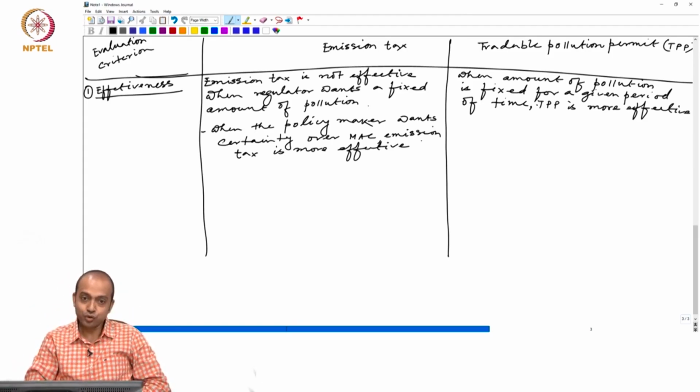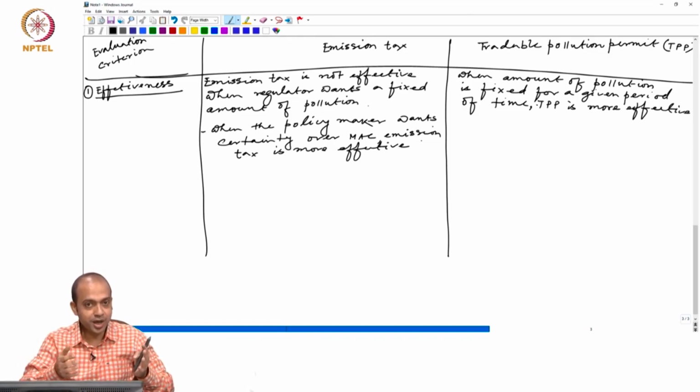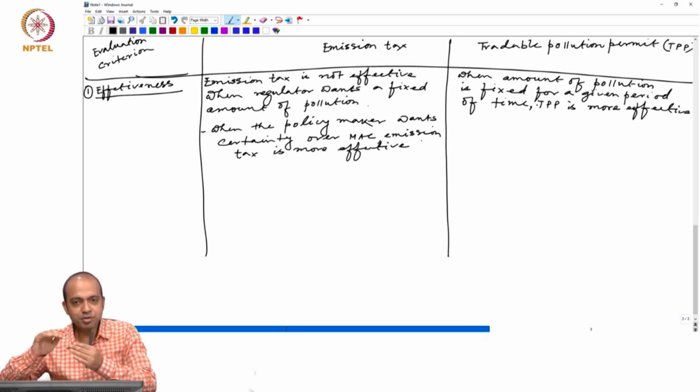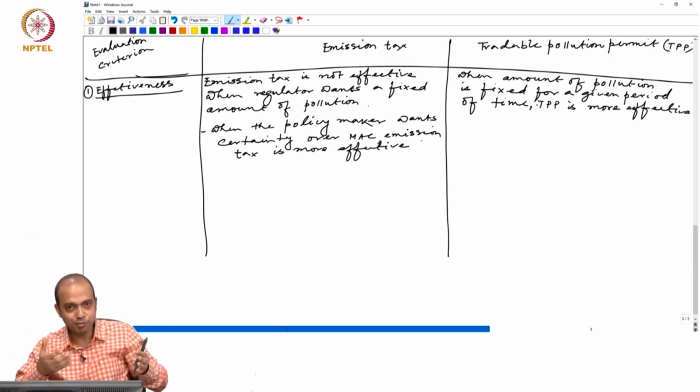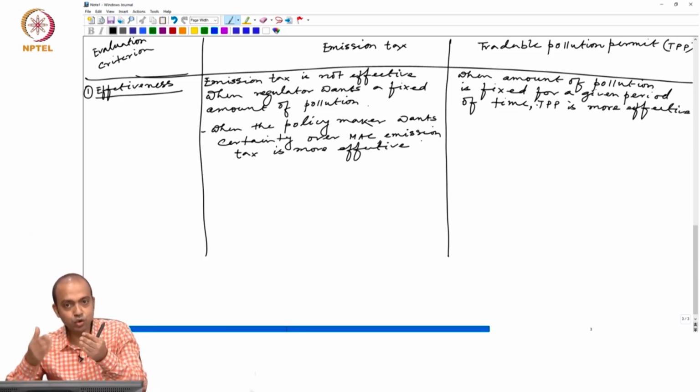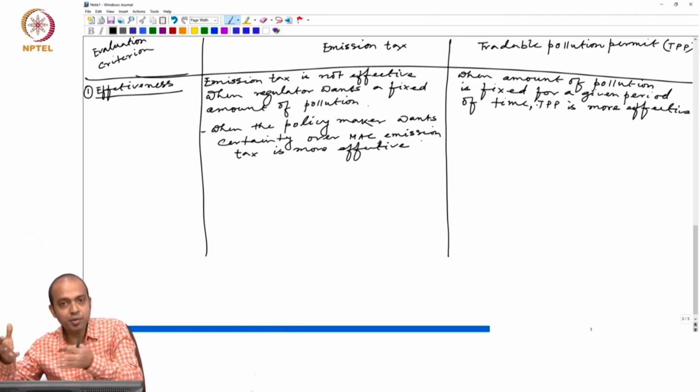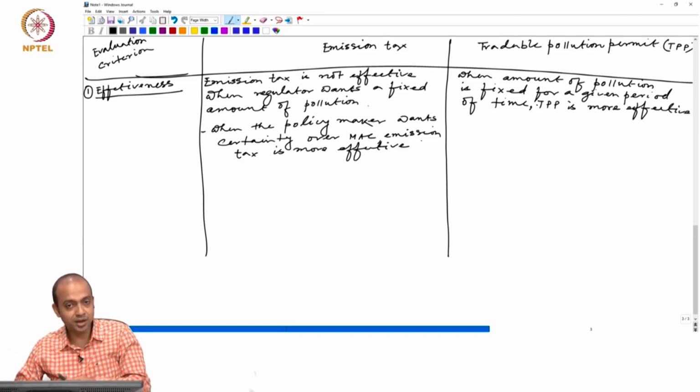But here, what would be the control cost is unknown, there is no certainty, because the policymaker has assigned the permits. Now, what would be the price of the permit in the market is unknown a priori, as it depends on the demand and supply of permits. So, at the end there would be a lot of uncertainty about the marginal cost of abatement, because a firm does not know what the price of the permit in the market would be if it falls short of certain permits.